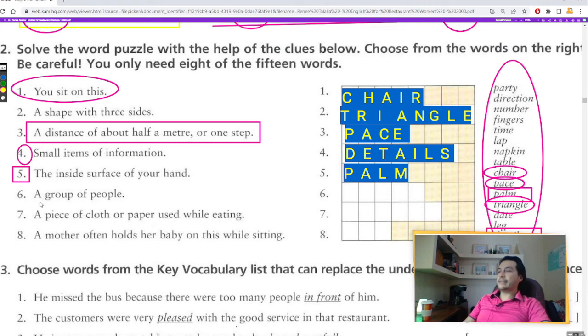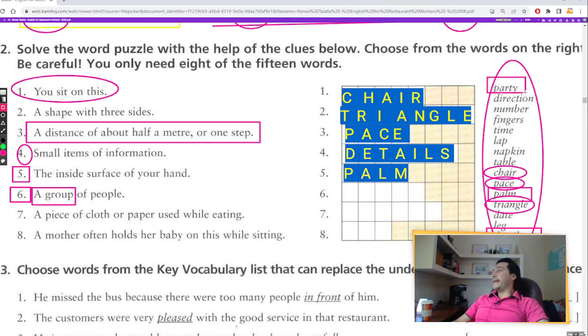Number 6. A group of people. What is that? In the restaurant, we call a group party.